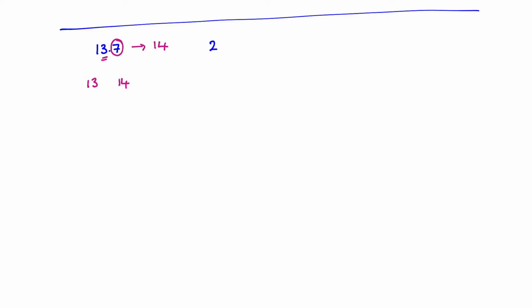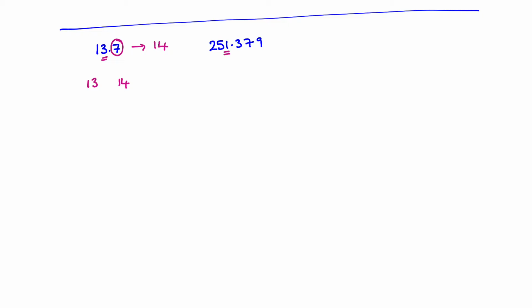Okay, let's look at 251.379. We're rounding to the nearest whole number, so we need to identify our units digit, which is the 1. It's always the digit just in front of the decimal point.